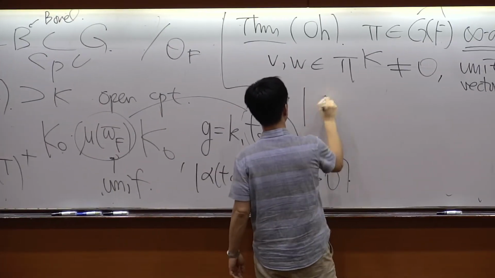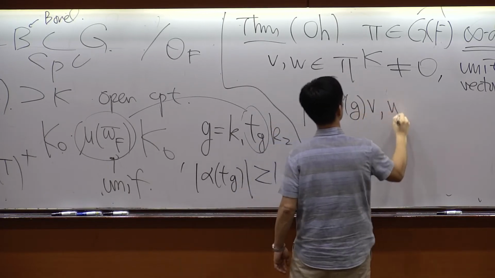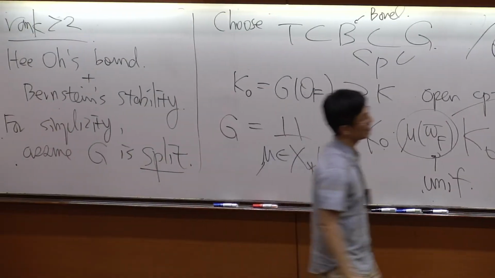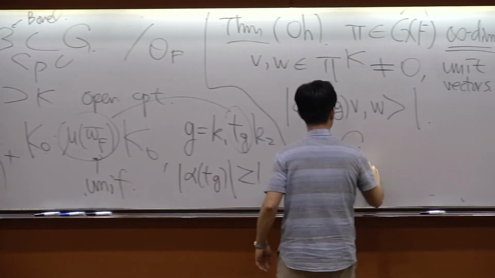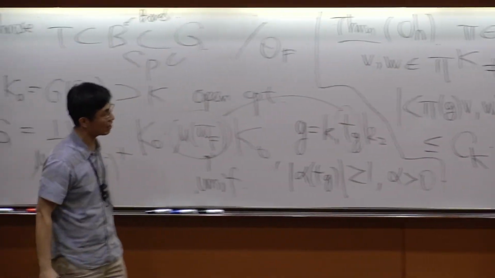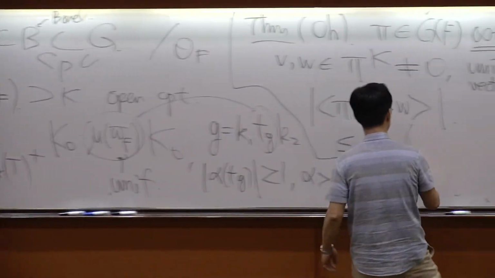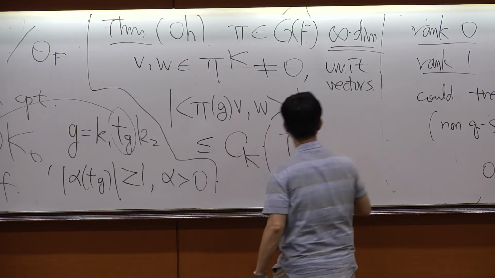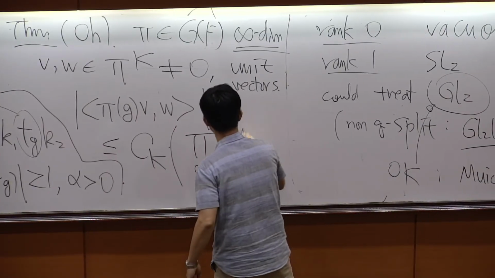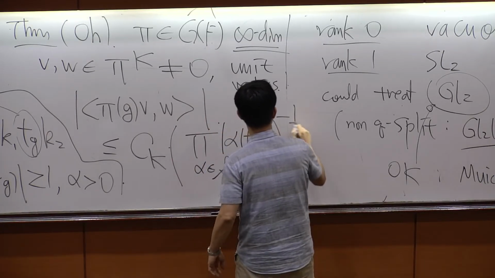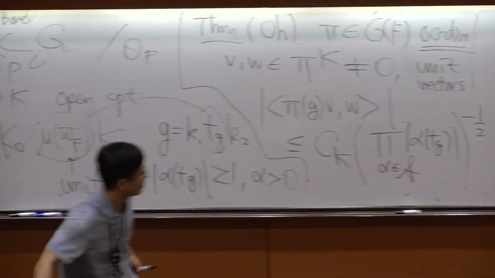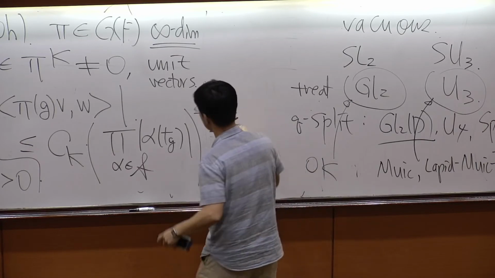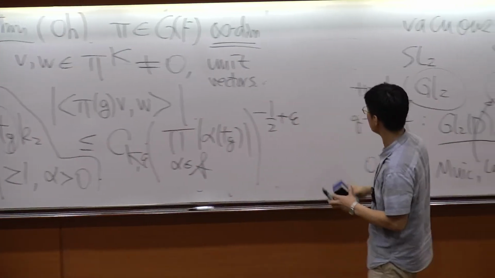Then what do we know? Well, when you take the matrix coefficient <pi(g)v, w>, then it is bounded by some constant depending on K times some funny product over alpha in some set S of positive roots of alpha of t_G to the negative 1/2 plus epsilon. So strictly speaking, this constant also depends on epsilon.